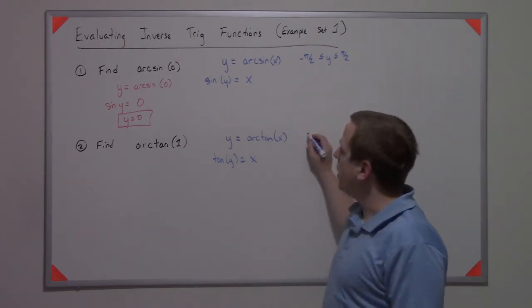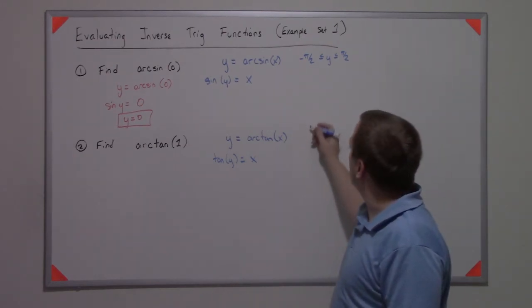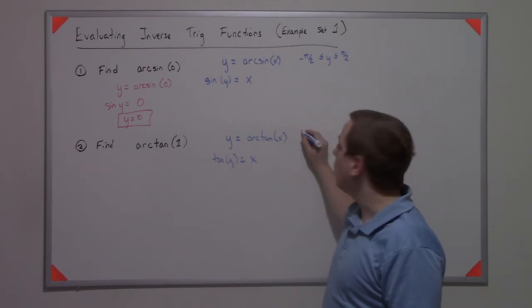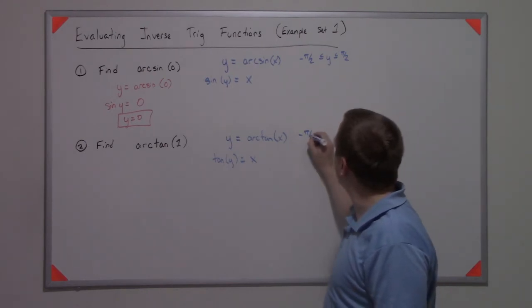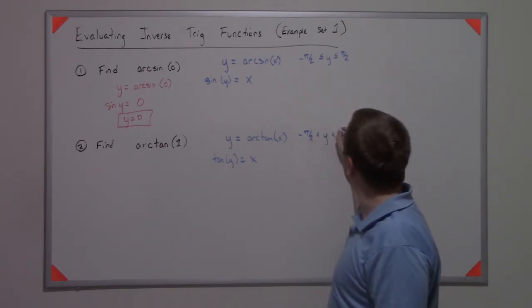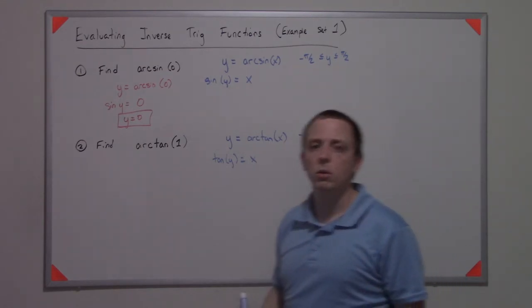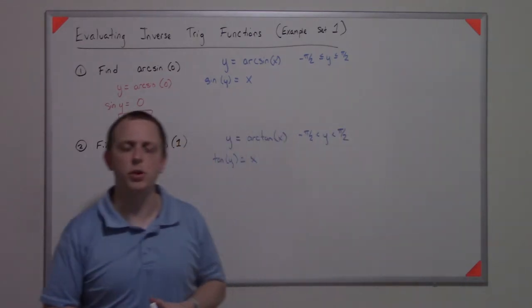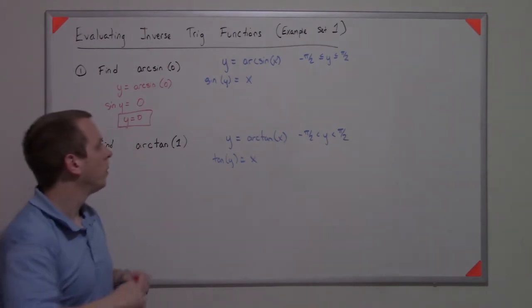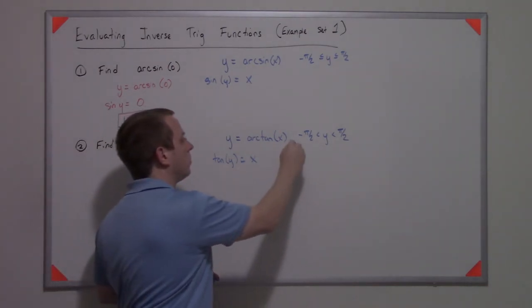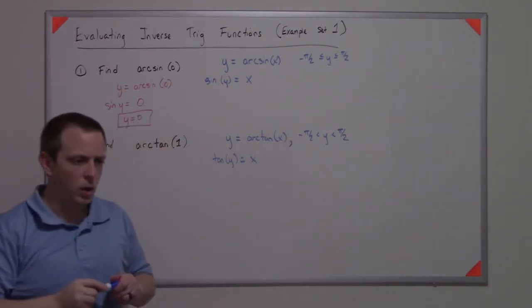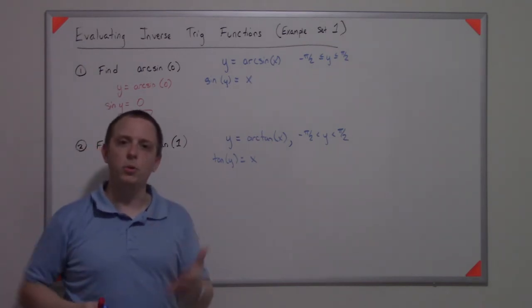And then we know that the outputs here, y, are going to be between negative pi over 2 and positive pi over 2. So we're going to use the same method.